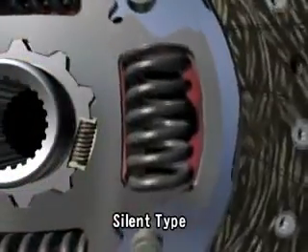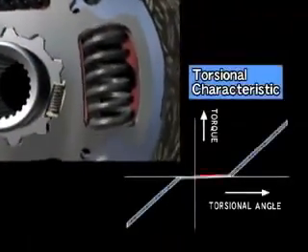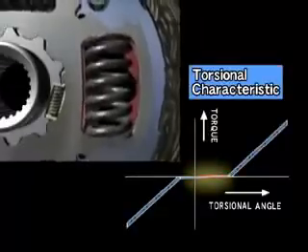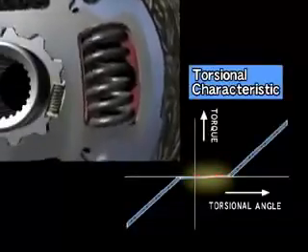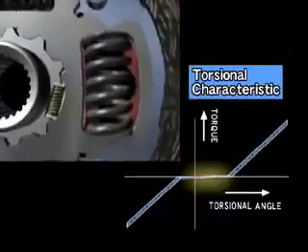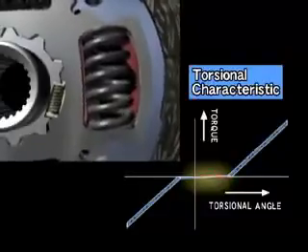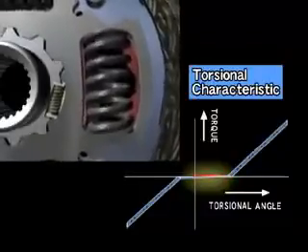Fluctuations in engine revolution while idling are absorbed by this two-piece splined hub, which is coupled with several small dampening springs. It functions to prevent a chattering noise when fluctuations are transmitted to the transmission.